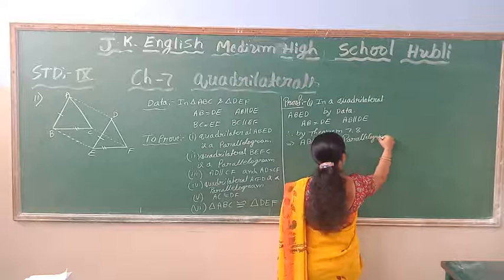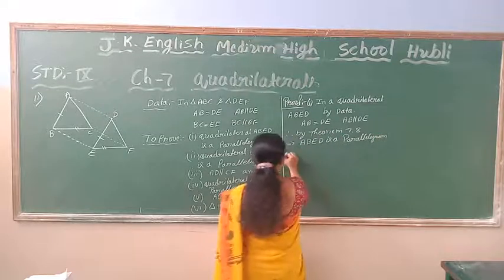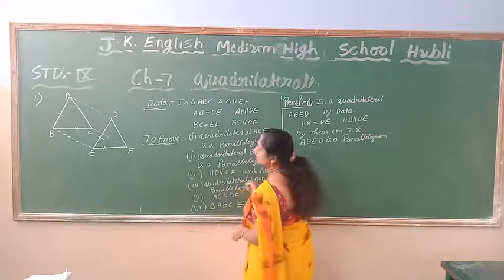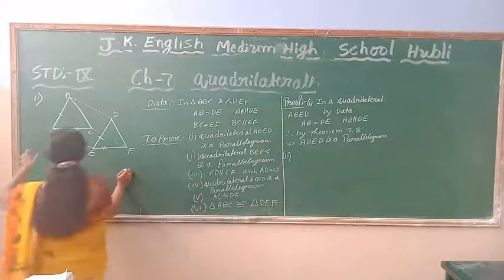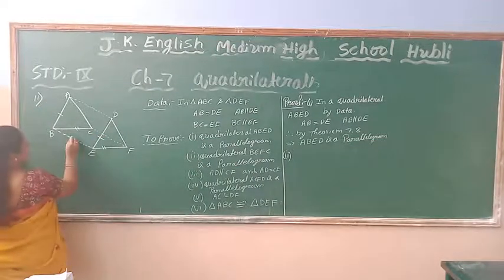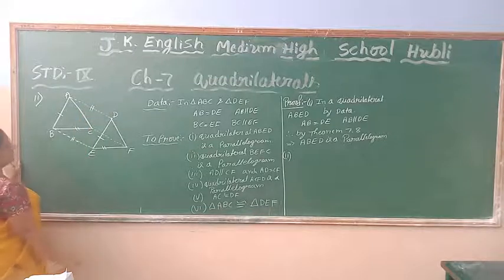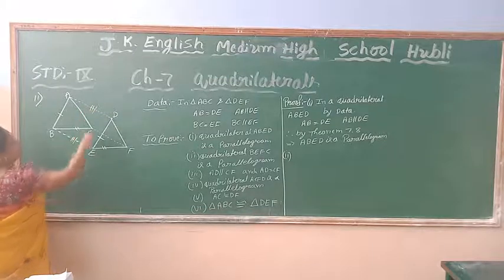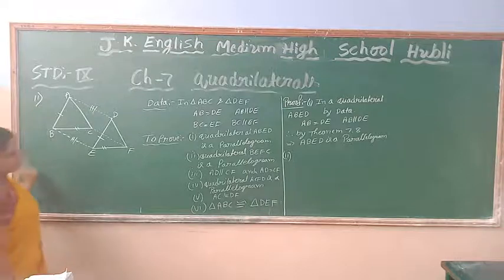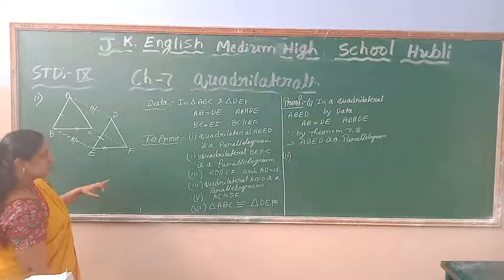Then, we proved ABED is a parallelogram, which means the remaining corresponding two sides are also equal and parallel. And second one, I have to prove it.